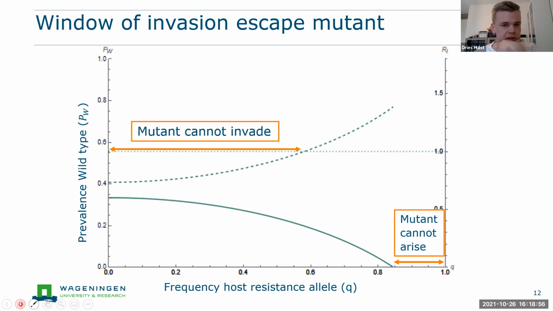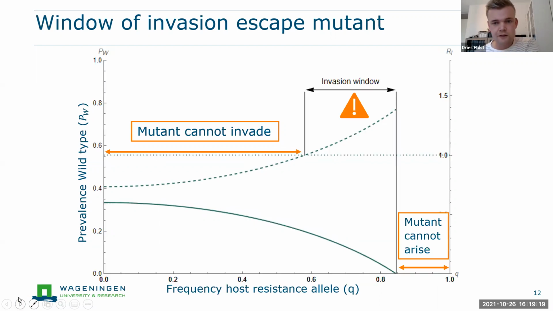What you can see now is that on the left, there is a part in which the invasion reproduction ratio is below 1. That means that the mutant can arise because there are wild type pathogens, but when it arises, it cannot invade because it's outcompeted by the wild type.